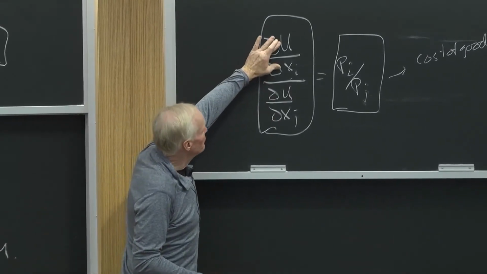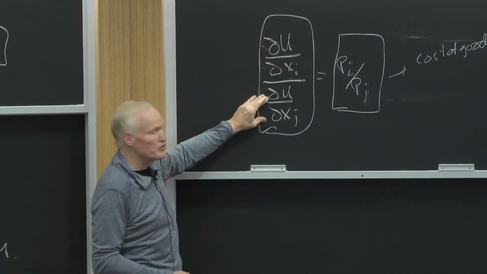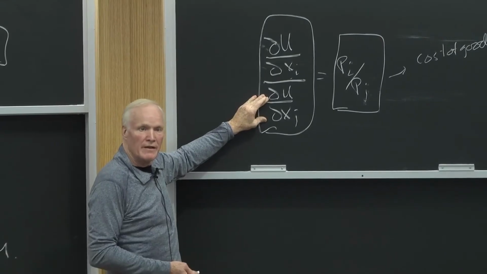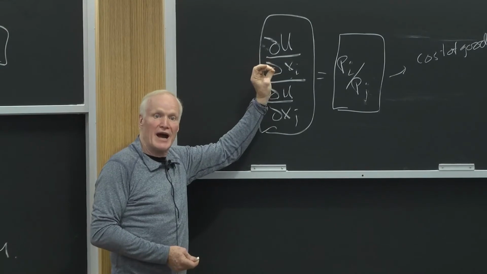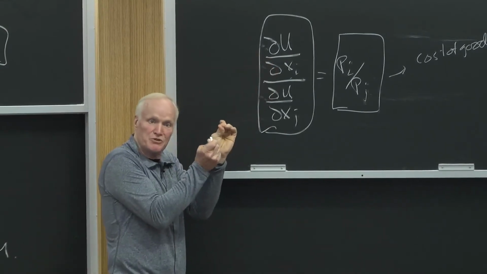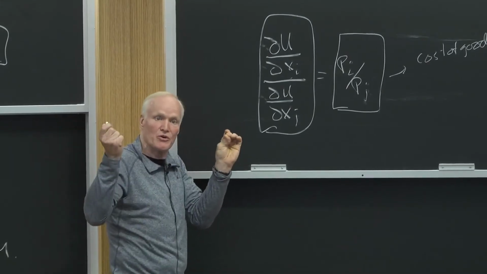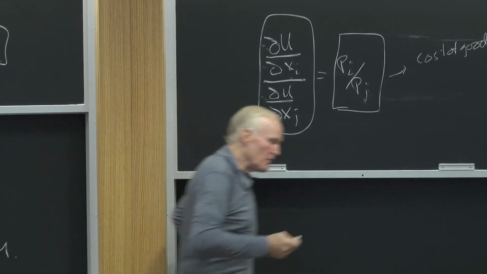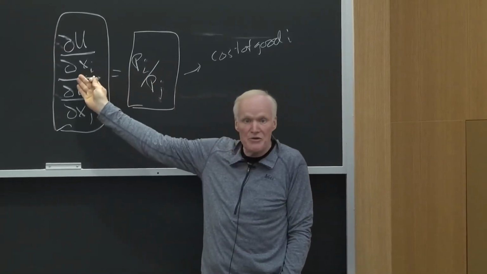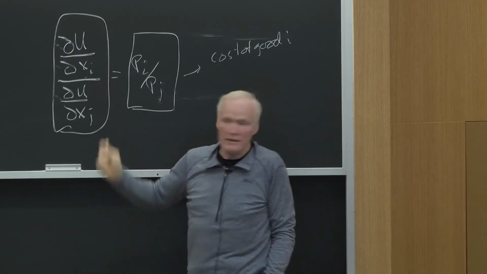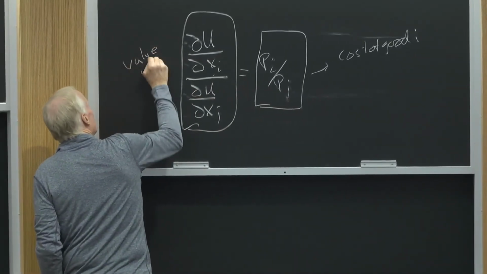Say the marginal utility of good I is 3 and the marginal utility of good J is 1, then if I gave you 3 units of good J for every unit of good I you gave up, you'd be just as well off, because you'd be losing just as much from getting less I as you'd be gaining from getting more J. So people call this the marginal rate of substitution, but really in economic terms, it's the value of good I in terms of J. Okay? Value of good I.